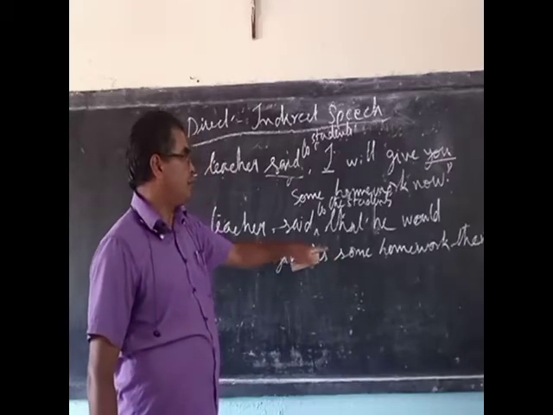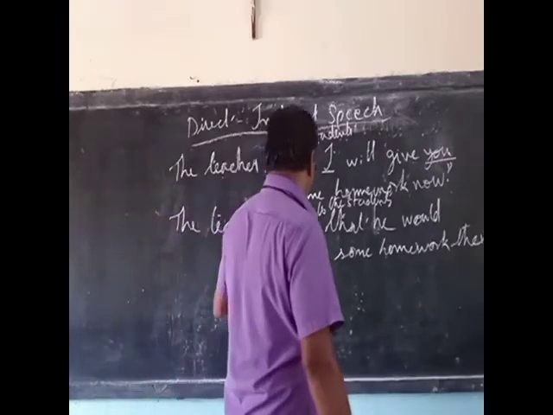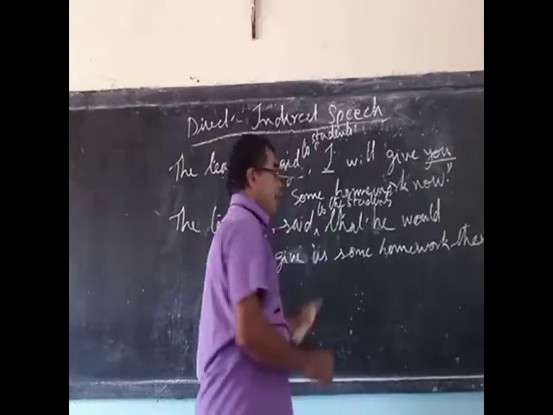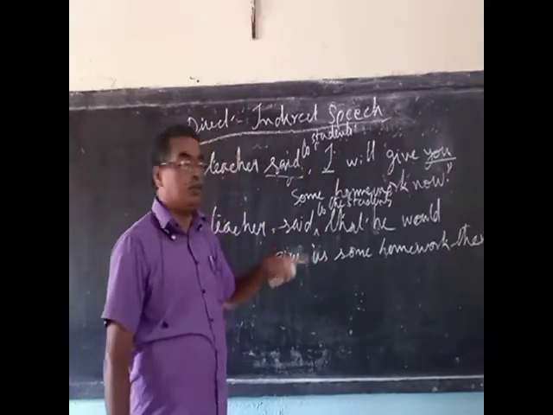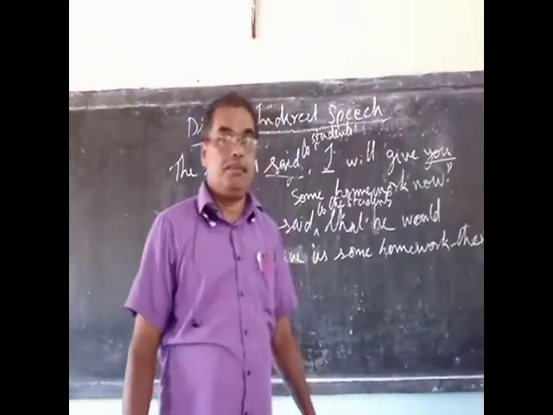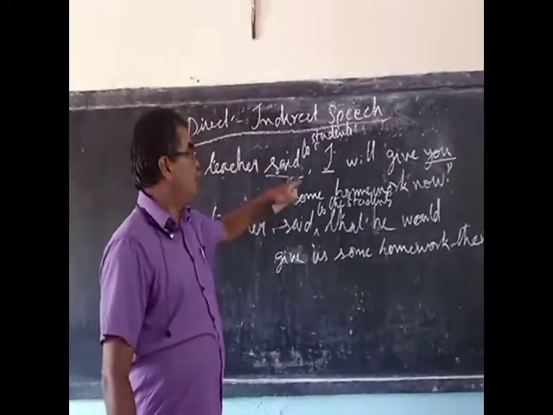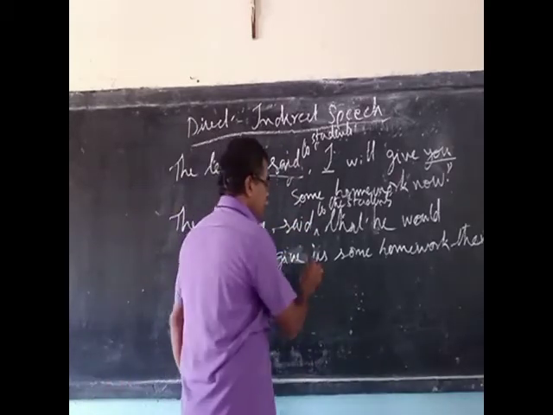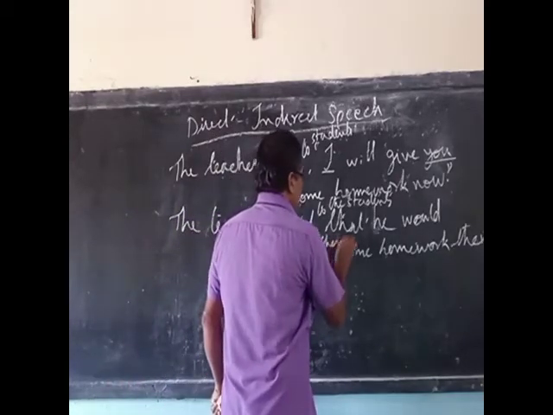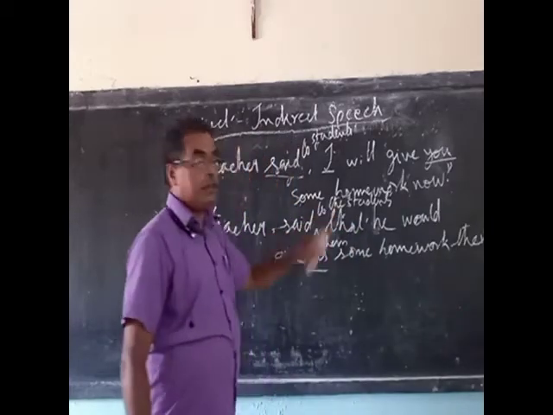Okay? Fine. I am also part of it, the person who is speaking is also part of it. That's why us is used. That he would give, this will change into them, because it is third person singular.